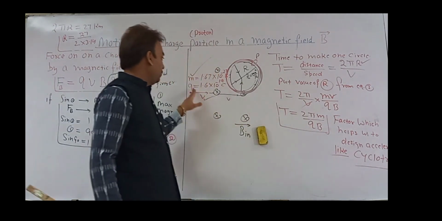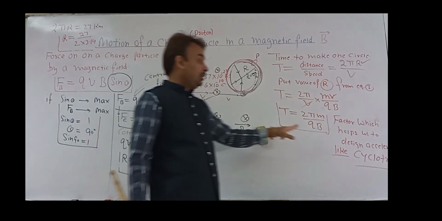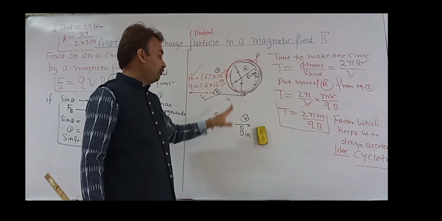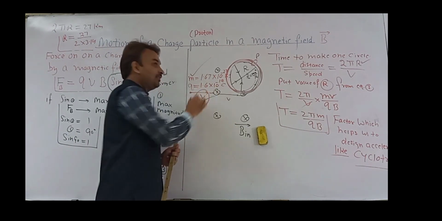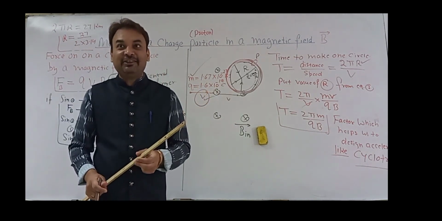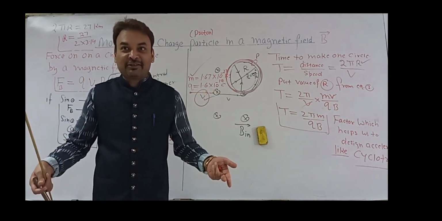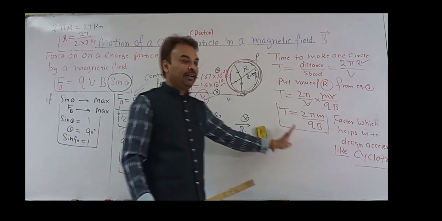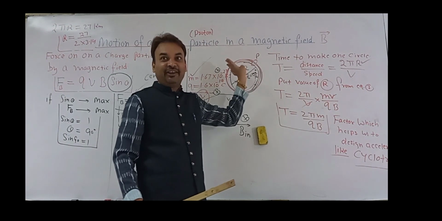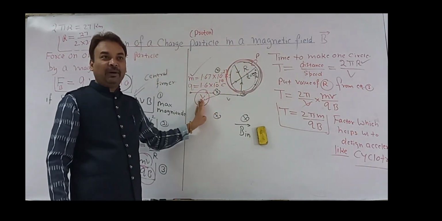It depends upon charge, and upon the magnetic field applied, but the time period doesn't depend upon the speed of the particle entering into the magnetic field. Whether it is a slow particle or a high speed particle doesn't matter for the time period, right? The speed of the particle entering into the magnetic field doesn't affect the time.